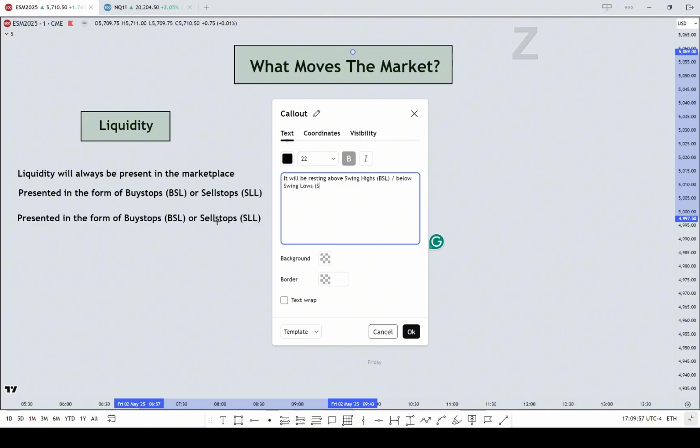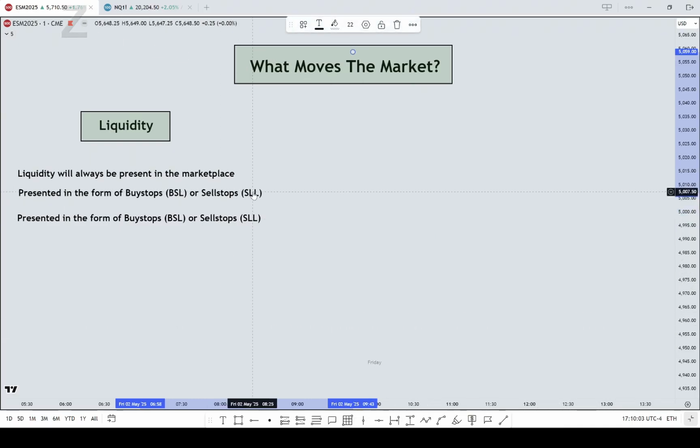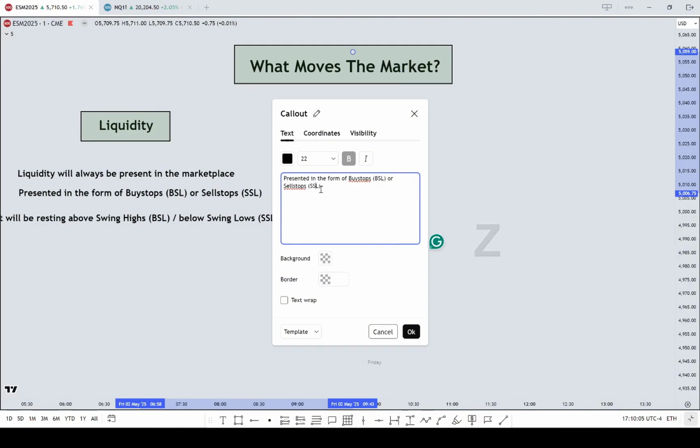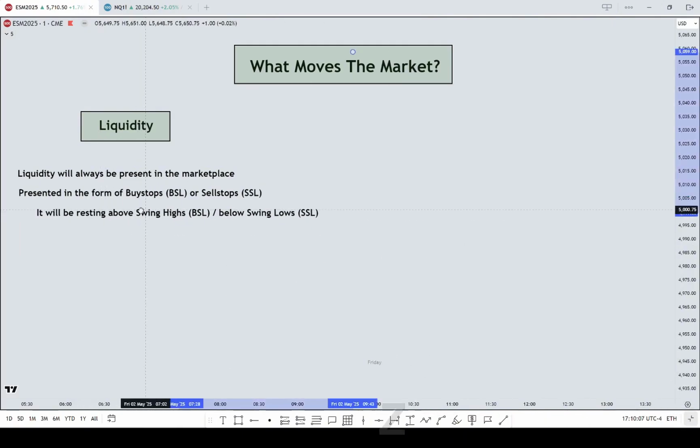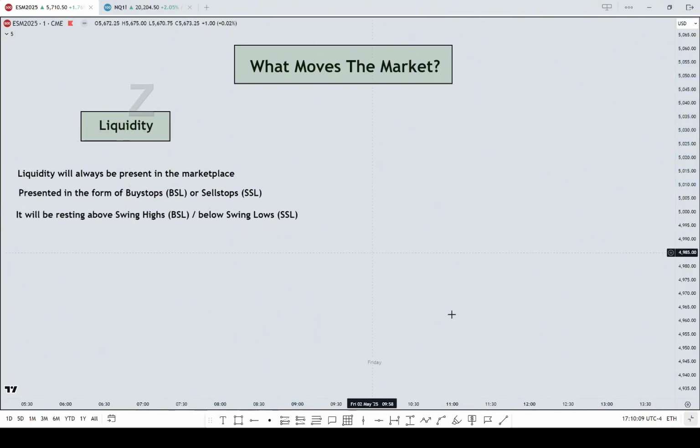And this is your sell side liquidity. I made a little mistake here. This is SSL, sell side liquidity. Resting above swing highs as your buy side liquidity, and resting below swing lows as your sell side liquidity.